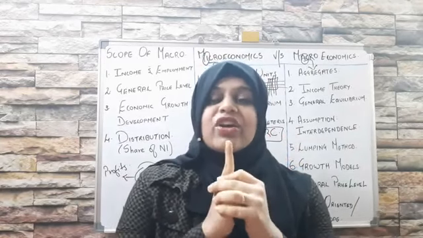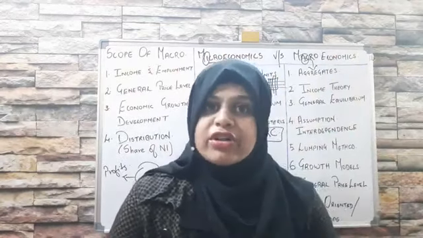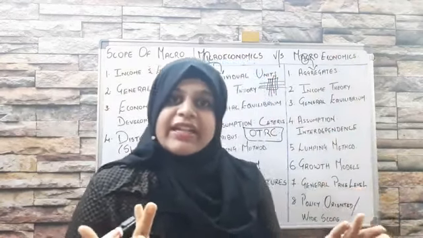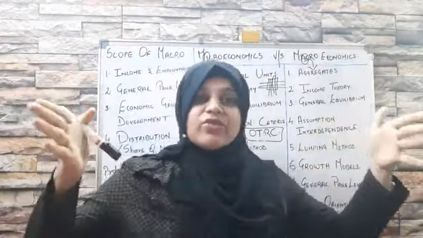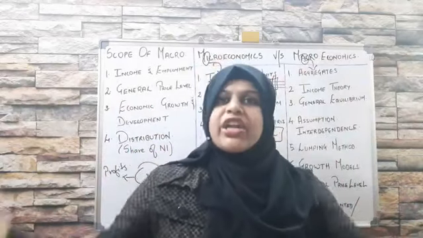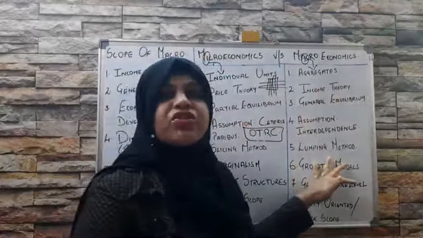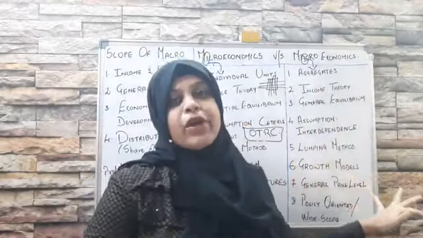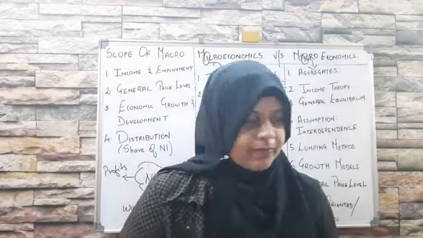Microeconomics is studying only a tree, not the entire forest. Which branch is studying the entire forest? Macroeconomics, and that is why it will use the lumping method. Lump means when you're taking the whole thing together. Macroeconomics is using the lumping method because it is studying the entire economy as a whole.